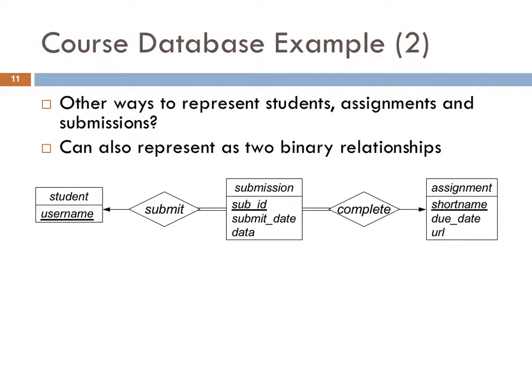And so here's another example where we've taken the homework submission and we've figured out a way of relating it to both students and assignments. Yes, the student submits this thing, and the thing is for this assignment. Okay? Is this the same exact abstraction as on the previous slide? It's not.